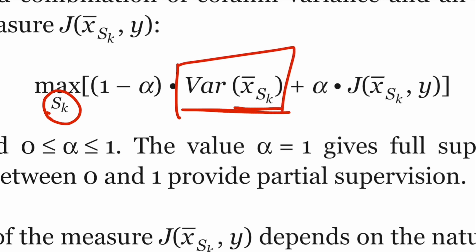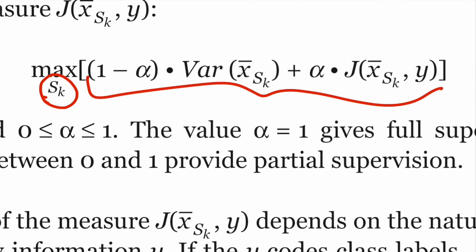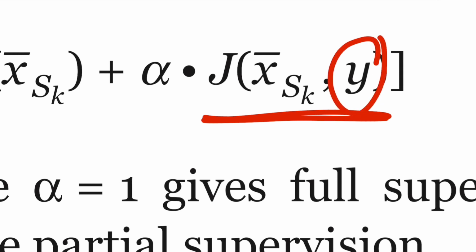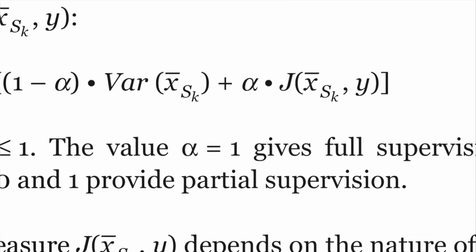We want to obtain the same thing, a mean gene with high variance, but in this optimization function you also include a supervised term. This can be labels, for example patient survival data, meaning times, like regression, or labels for classification.